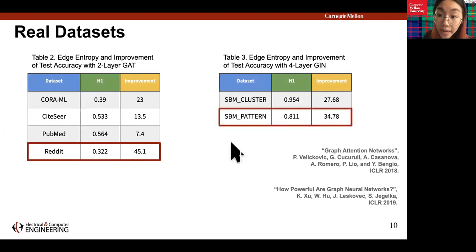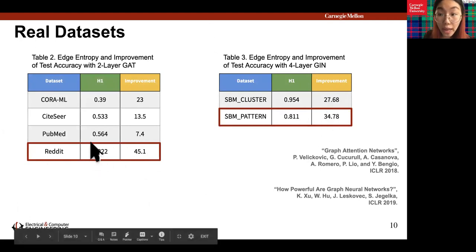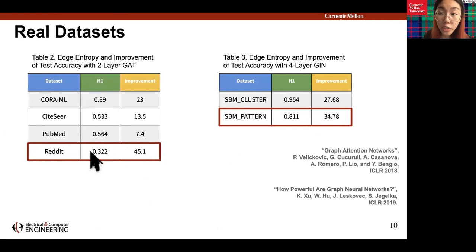Here, SBM pattern has a lower edge entropy and correspondingly a higher improvement. So again, this meets our expectation because having a low edge entropy means the node classification problem is relatively simple and we expect a higher improvement.